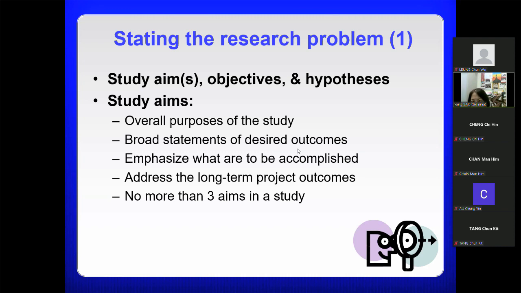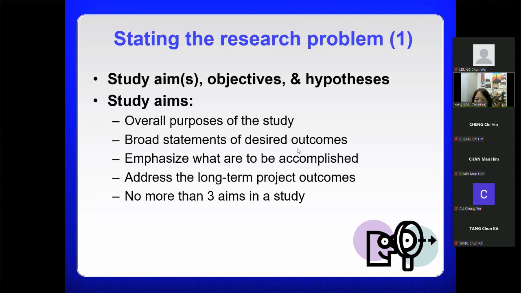Actually, no matter research problem, study design, objectives, or hypothesis, they are different presentation ways of the similar thing or the same thing.